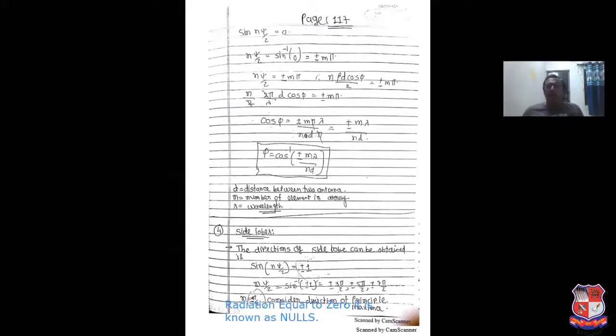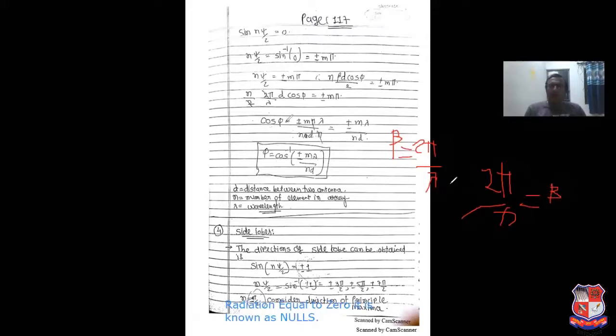Beta equals 2 pi by lambda, which is known as the wave vector. I have already written that: beta equals 2 pi divided by lambda.